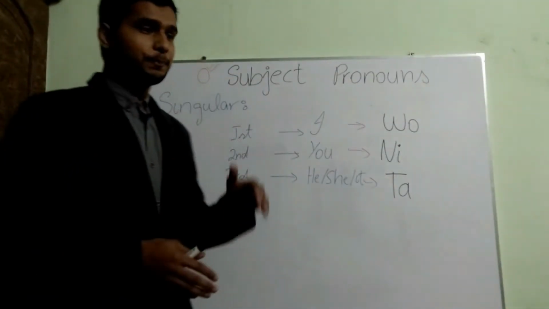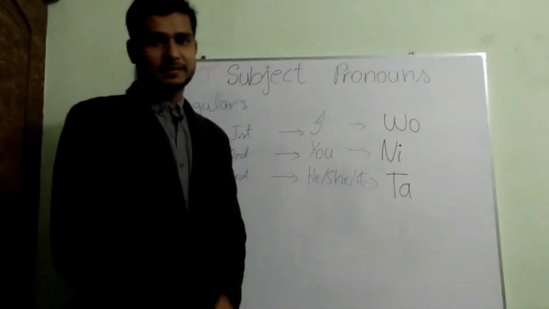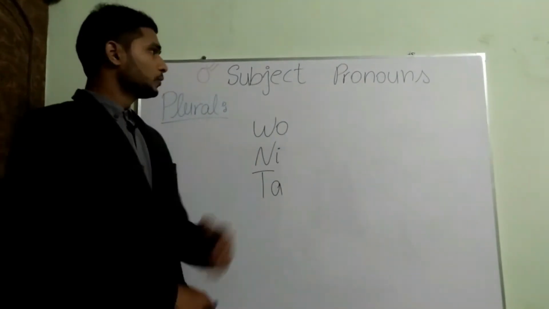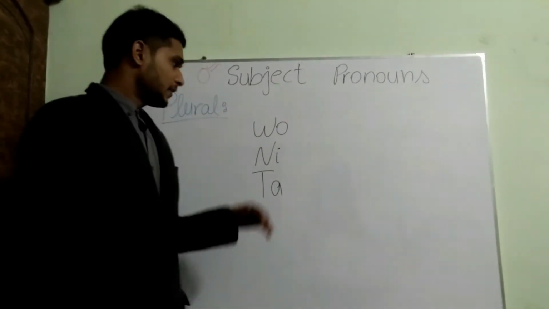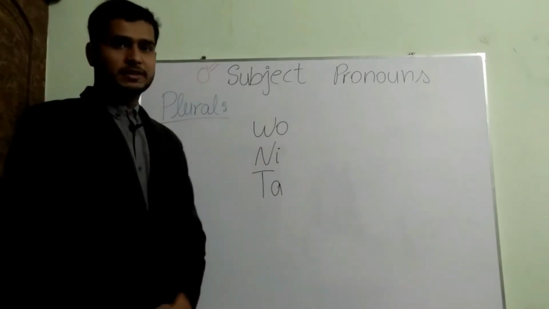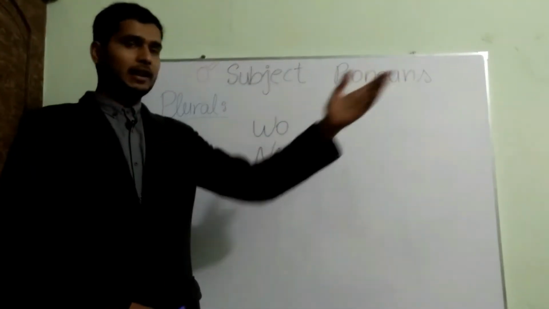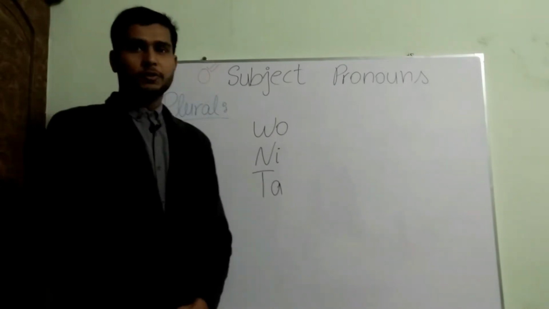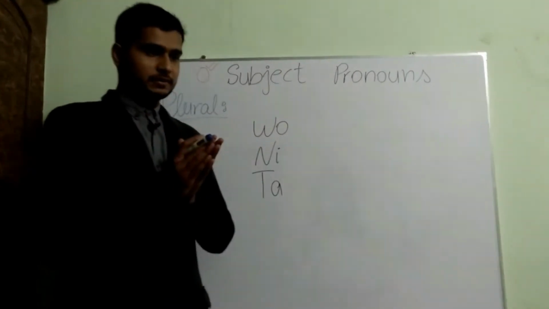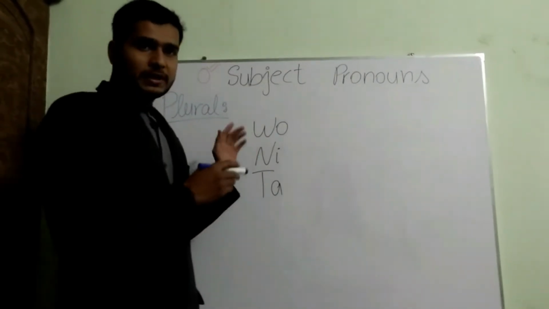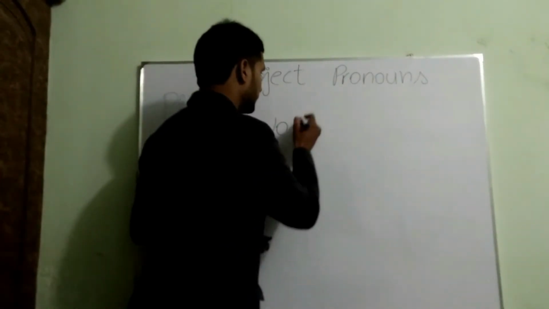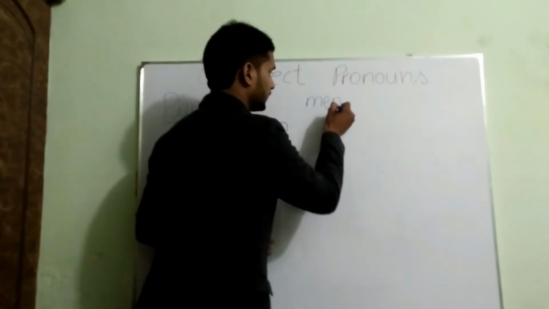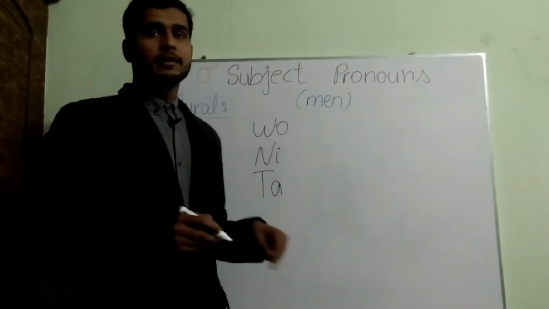Now we move towards the plural part of these three persons. As we have seen, the three singular persons are wǒ, nǐ, tā. If we memorize these three, we can easily make the other ones. To convert singular to plural, we just put men, M-E-N, after the pronoun.